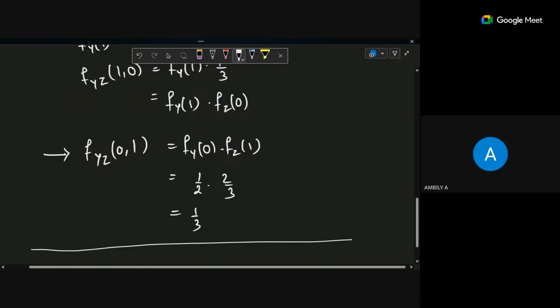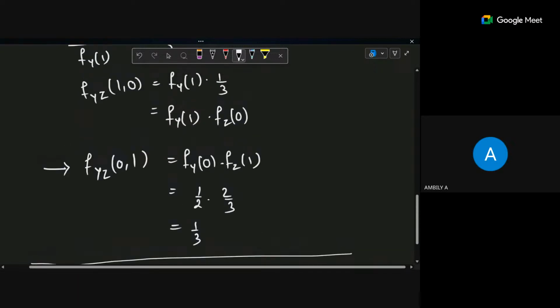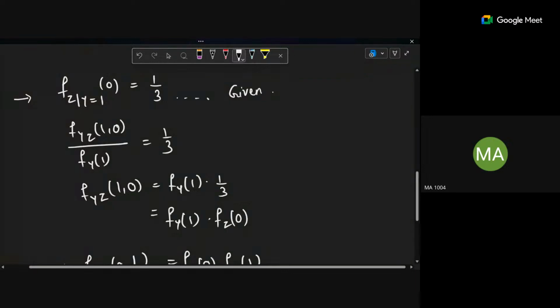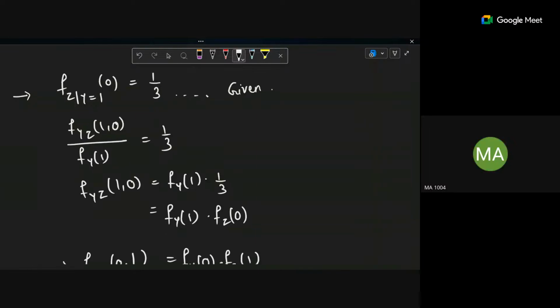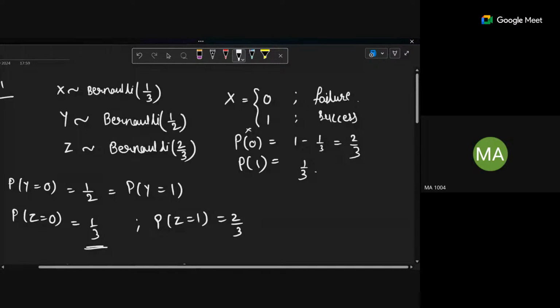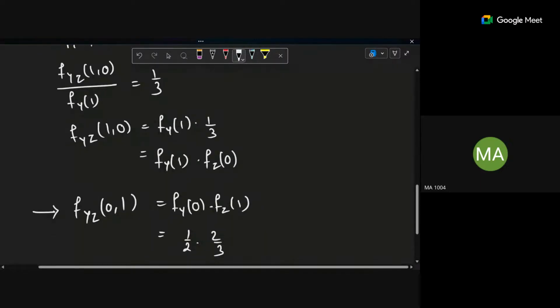Ma'am, I have a doubt. Is checking one combination enough to prove that it is independent? Because here only one combination is given. It's not enough. But as nothing else was given in the question about the context, we are taking the hint from it that it might be independent.